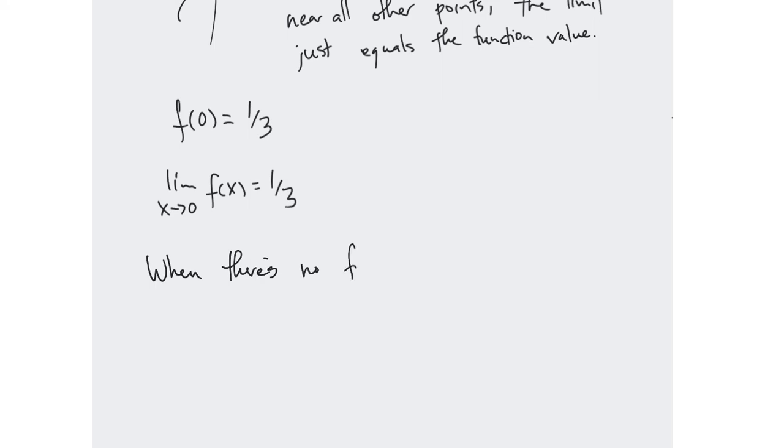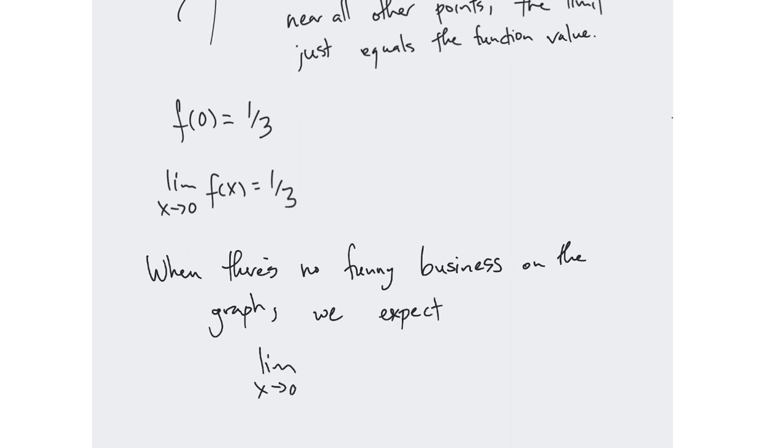So I'm going to say, this is kind of informal language, which we will say more formally next time. When there's no funny business, by which I mean weird breaks in the graph or a piecewise function that has a jump in it or something like that. When you just have an ordinary looking curve, no weird stuff going on with empty points and filled in points, we expect the limit as x approaches a of f of x to be the same as f of a.